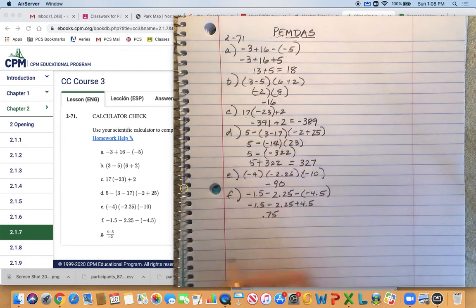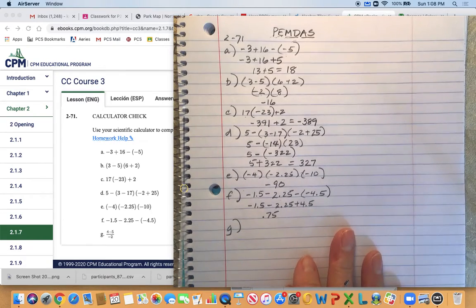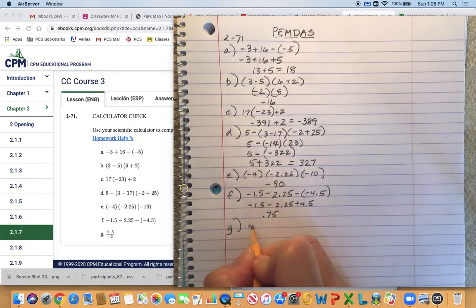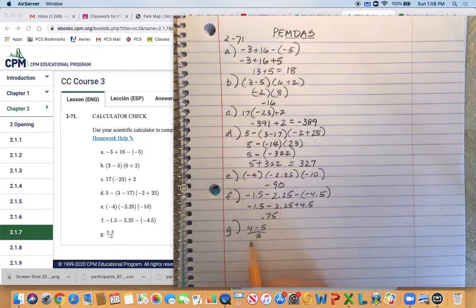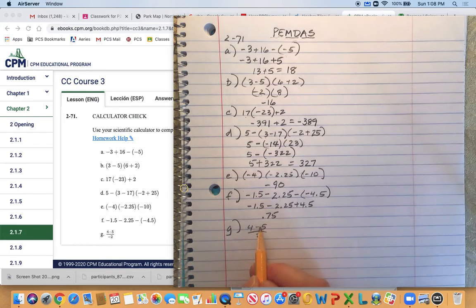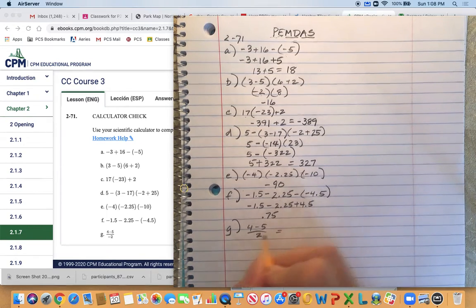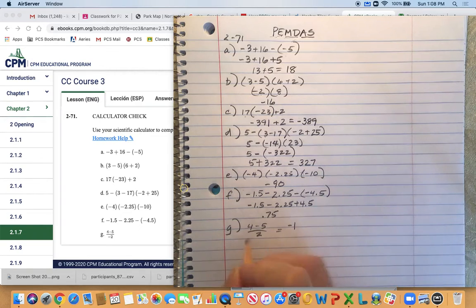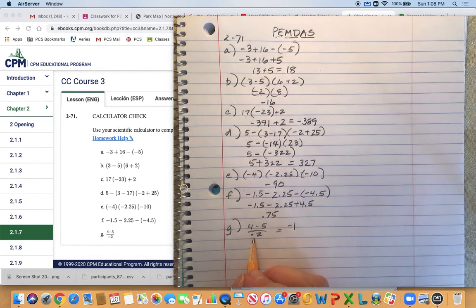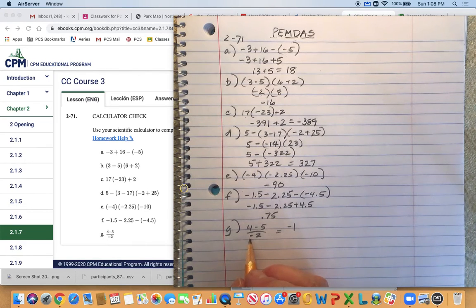All right, G is our next one, and that is 4 minus 5 over 2. When you have something like this, where it's a fraction, you treat the top part as if it were in parentheses. So we're going to take care of the top part first. 4 minus 5 is negative 1. Oh, I forgot something when I wrote this down. This is supposed to be a negative 2. So the bottom says negative 2.